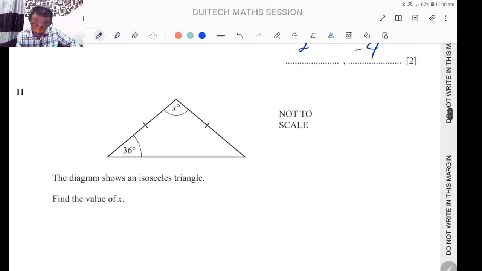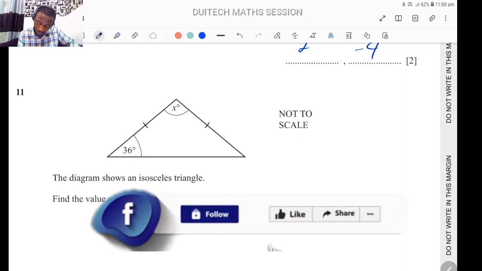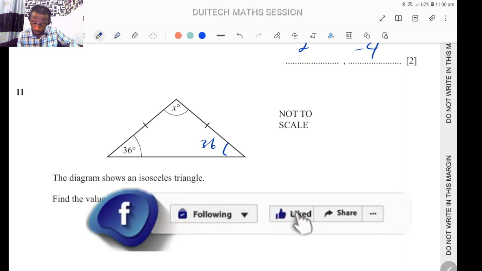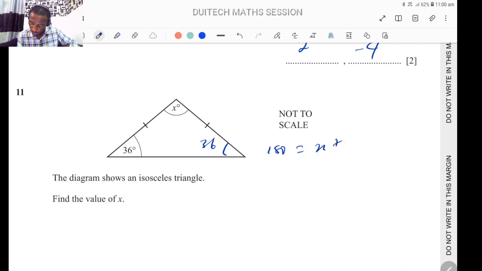This one says the diagram shows an isosceles triangle. Find the value of x. Since it's an isosceles triangle, 2 sides are equal, so if here is 36, here is also 36. By the sum of the angles of a triangle, 180 degrees, 180 equals x plus 36 plus 36.